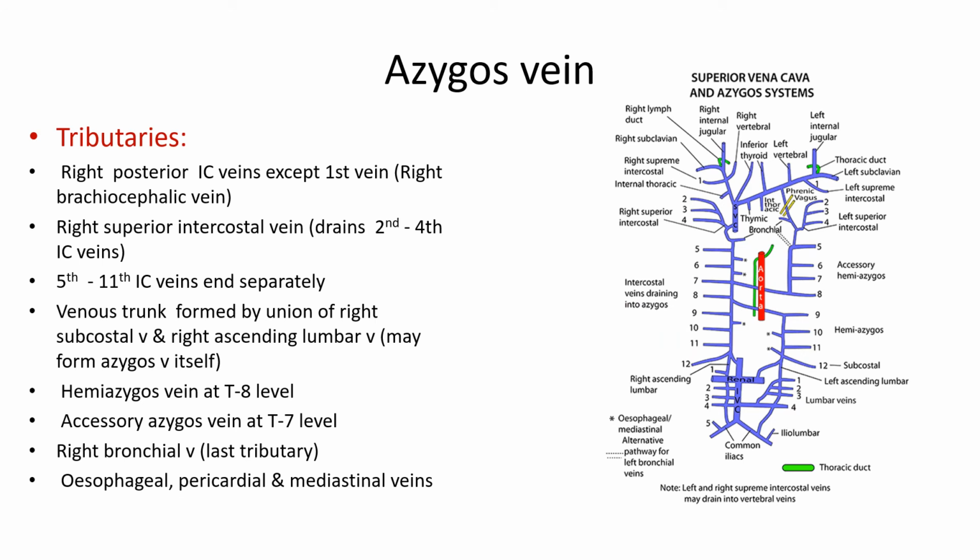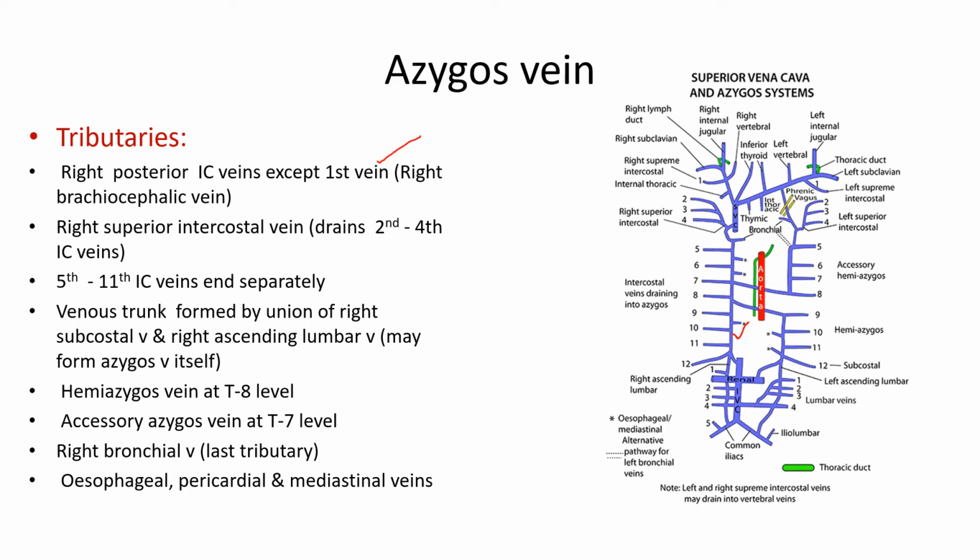Coming to the tributaries of the azygos vein. This is the azygos vein. You can identify in this picture, and it receives the right posterior intercostal veins except the first vein.